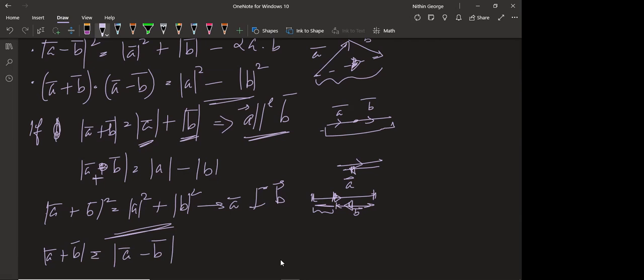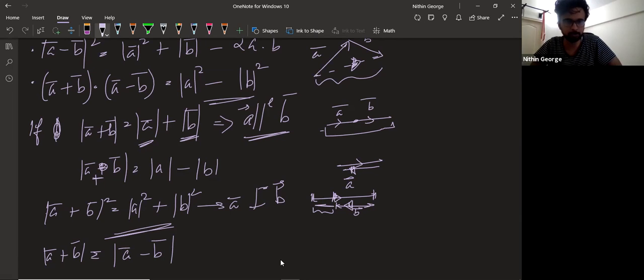Sir, B vector is 0. B vector is 0 is one possibility, but suppose it's given that A and B are non-zero vectors. A equal to 0 or B equal to 0 can be correct here, that is true, but suppose they're non-zero.